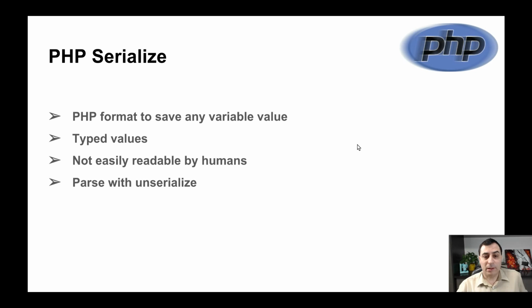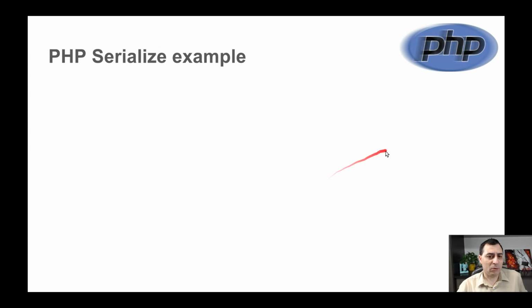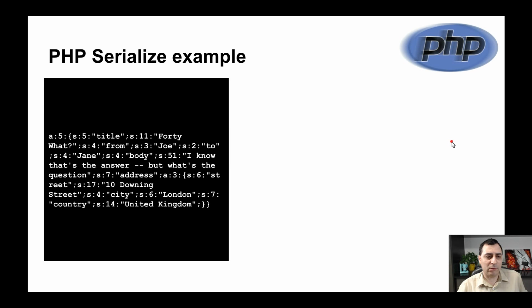You would parse the serialized format with the PHP unserialize function, and if you want to save back values to a file in this format, use the serialize function. So let's take a look at how a serialized value would look like. As you may see here, you can see a few letters and numbers that have a meaning, and that meaning depends on the types of values that are being stored.